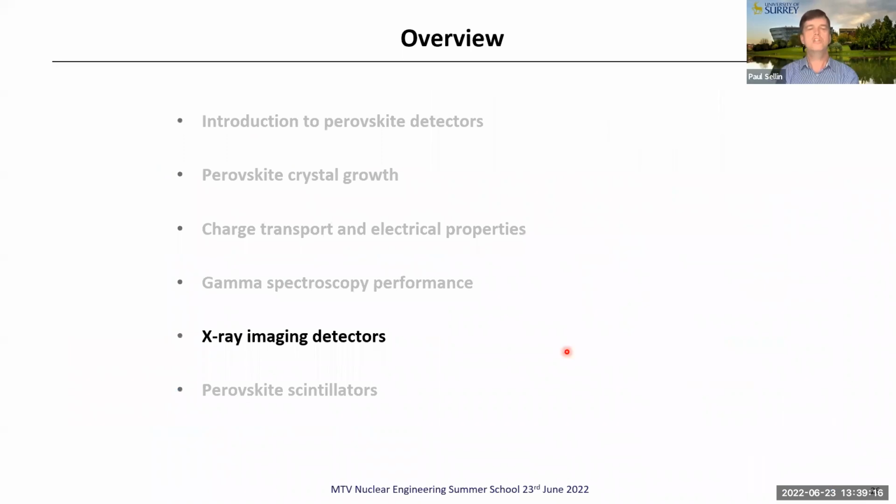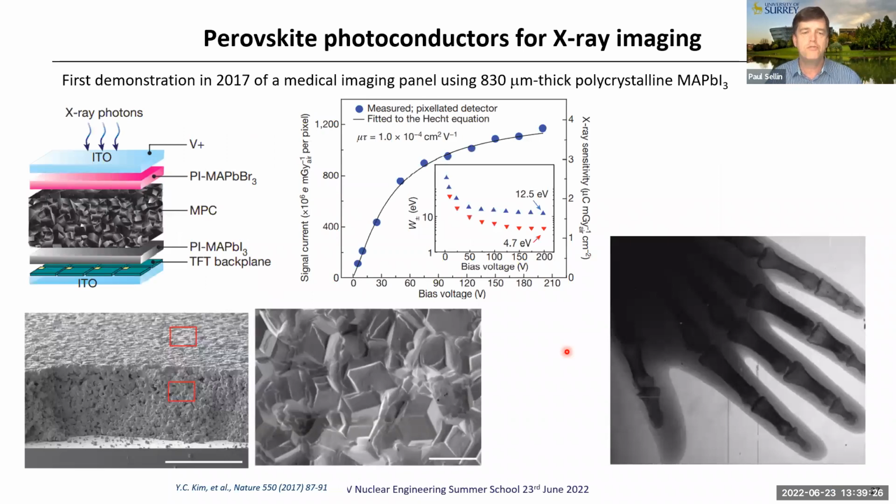Okay, so let's move on to X-rays. As well as gamma spectroscopy, we want to develop perovskites for X-ray imaging, as I said at the beginning. This is one of the first reports of a perovskite-based X-ray imager. It's a polycrystalline material now. You can see a cross-section through the active perovskite layer, which is made up of many polycrystalline phases, crystallites jumbled together, fused together.